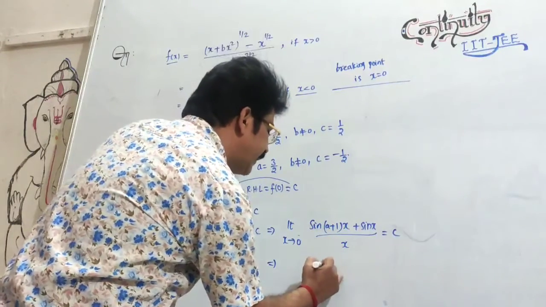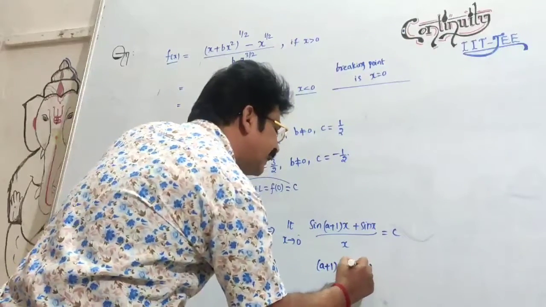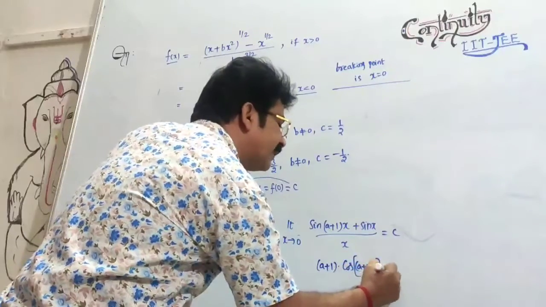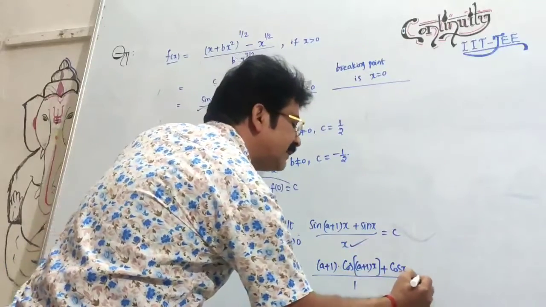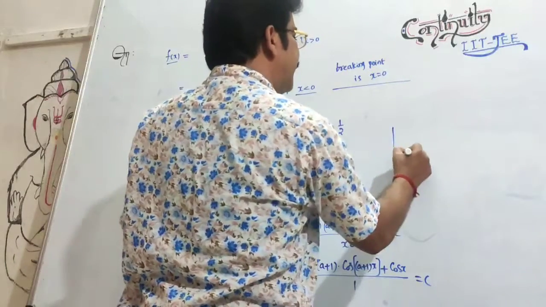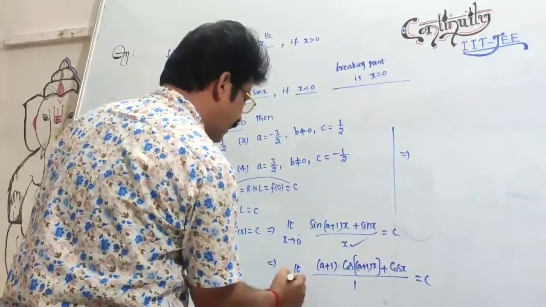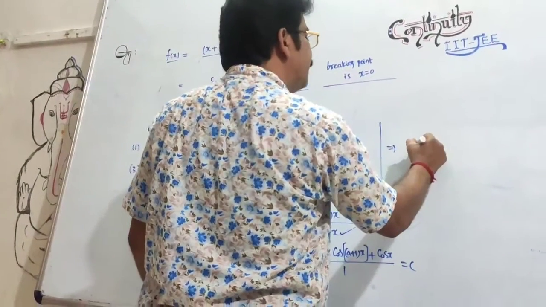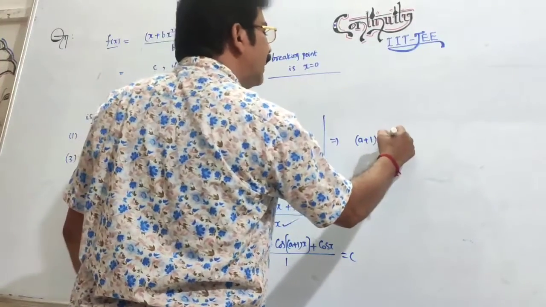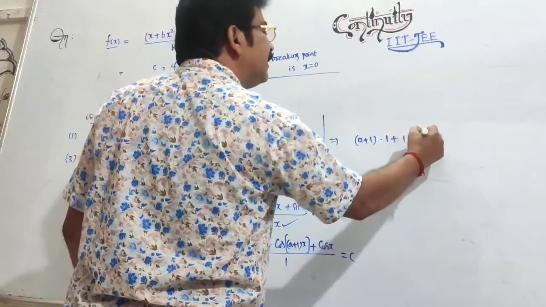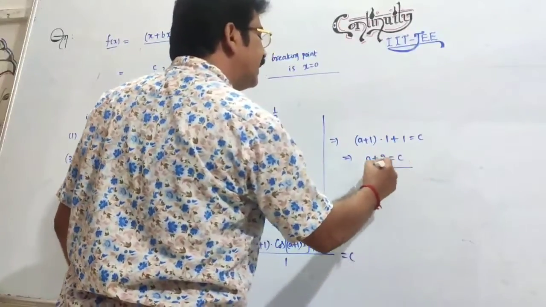So it is (a plus 1) into cos of (a plus 1) x plus derivative of sin x, cos x, whole divided by derivative of x, 1, that is equal to c. Put x equal to 0, then it becomes (a plus 1) into cos 0, 1, into 1, plus cos 0, 1, that is equal to c. So that implies a plus 2 is equal to c.